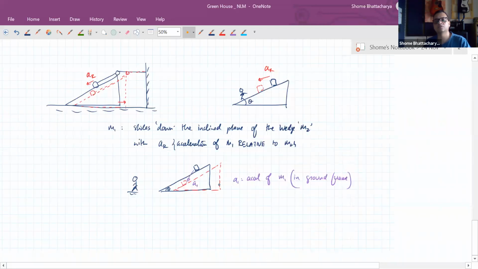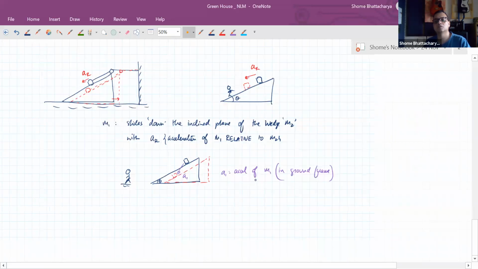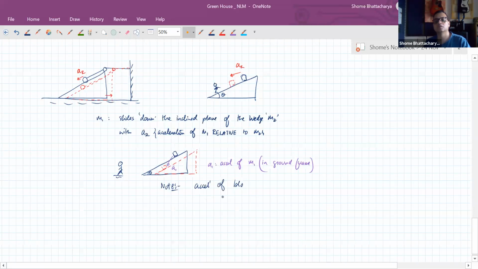The acceleration of the block M1 in the ground frame is not at theta with respect to the horizontal. By the way, theta is given to us as 60 degrees, so this angle.